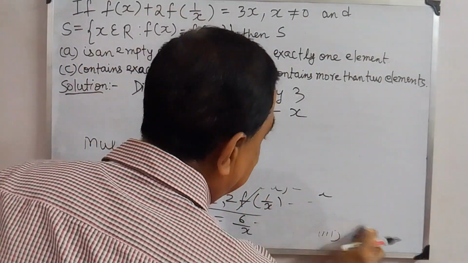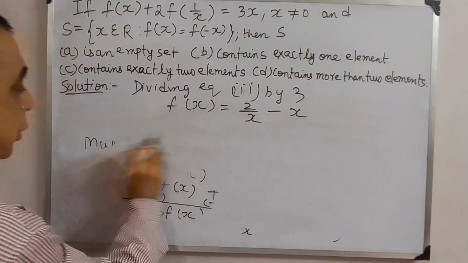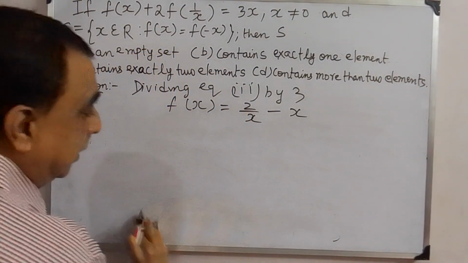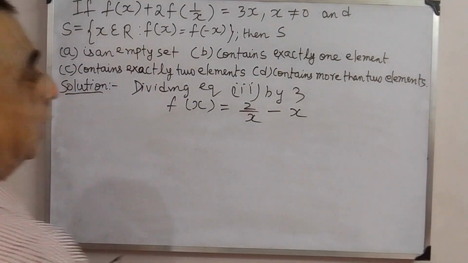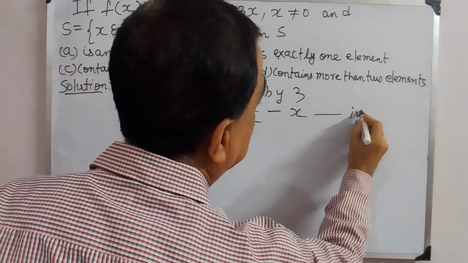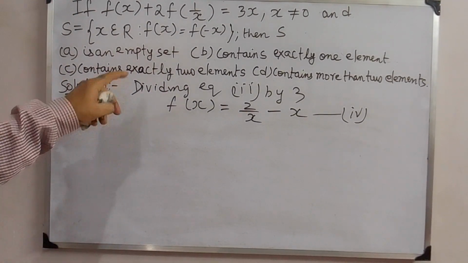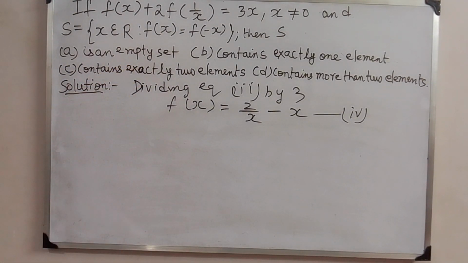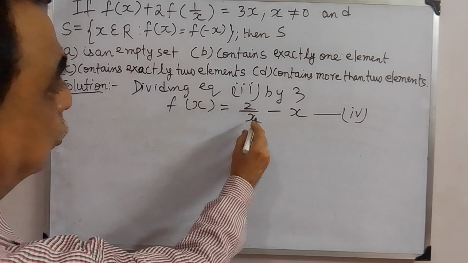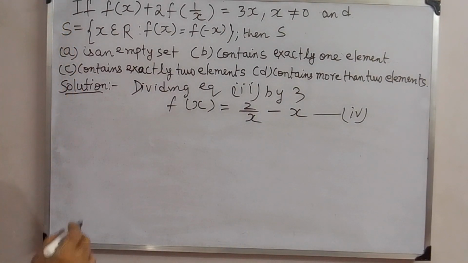Suppose this is equation 4. One more equation I will frame in terms of x. Now see here, we have f(x) is equal to 2/x minus x.